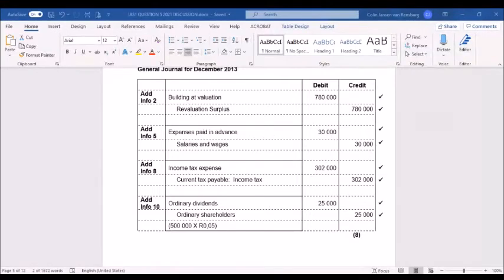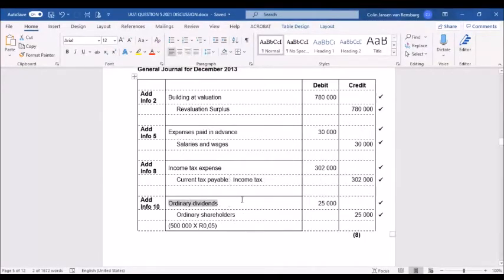So that leg, the credit part, like Aqua and CPUT said, is in actual fact a current liability that we've raised. Remember, sometime after the year end, we are going to have to pay the dividends to those ordinary shareholders. So there we have raised a liability towards our shareholders. That is why that is called ordinary shareholders and not ordinary shares or ordinary share capital.